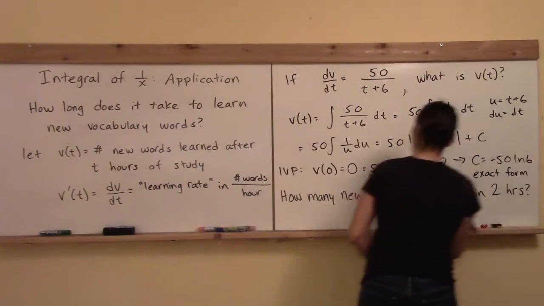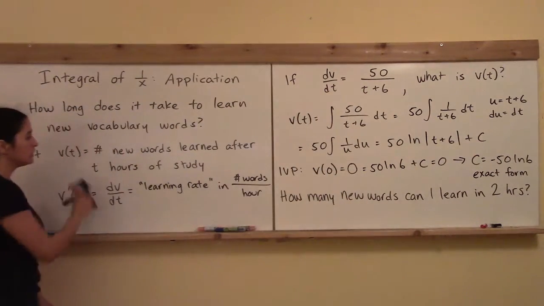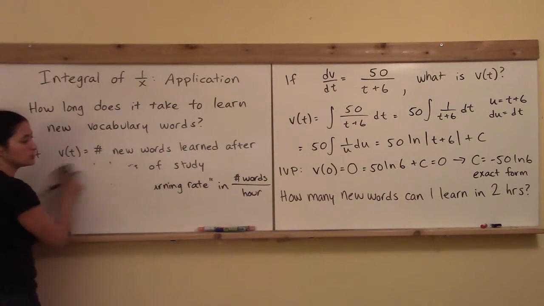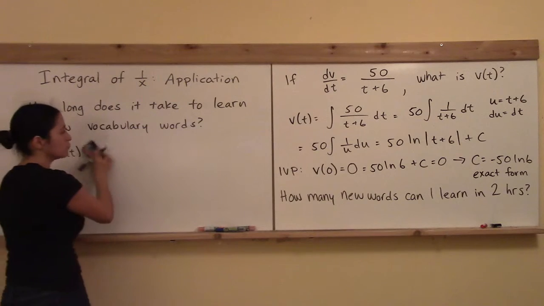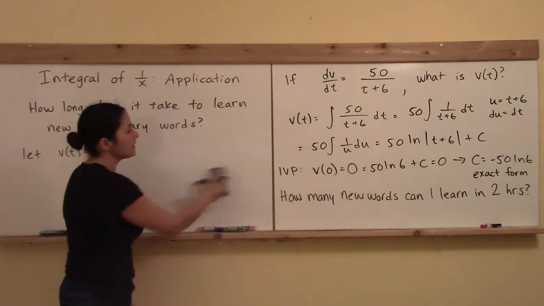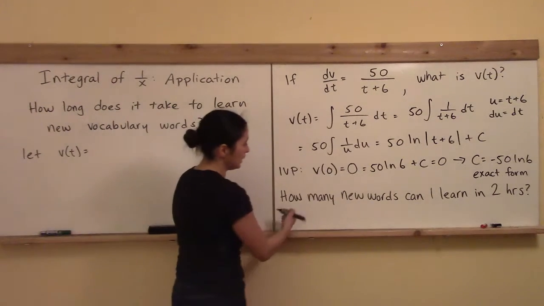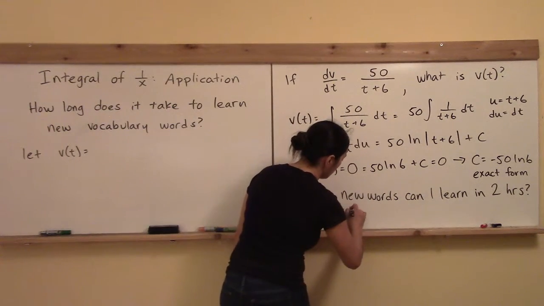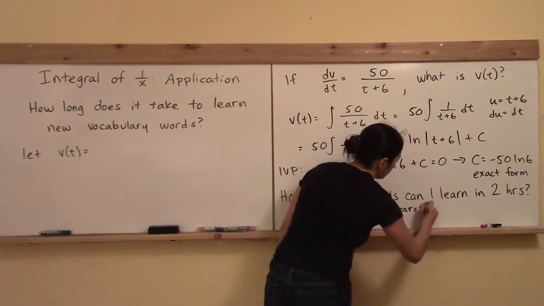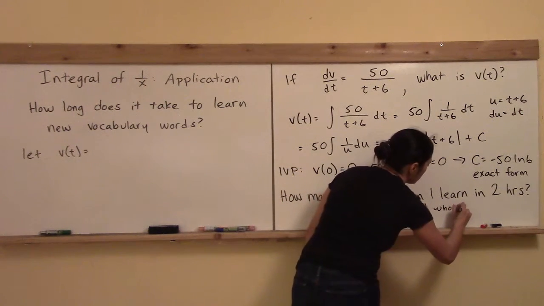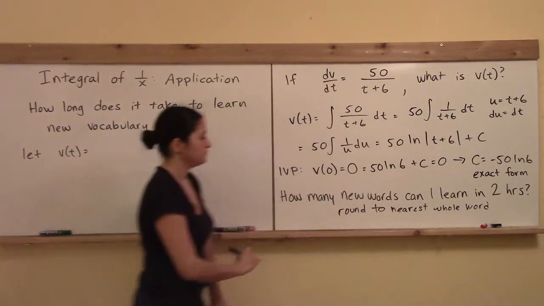And so when I try to answer the question, how many new words can I learn in 2 hours, I'm going to actually use the exact value of C, and that way I can avoid any round-off error. Then in the end, I'll probably round this to the nearest word. It makes sense when I ask how many new words that I would round this to the nearest whole number because I'm not going to learn half a word. Round it to the nearest whole word.